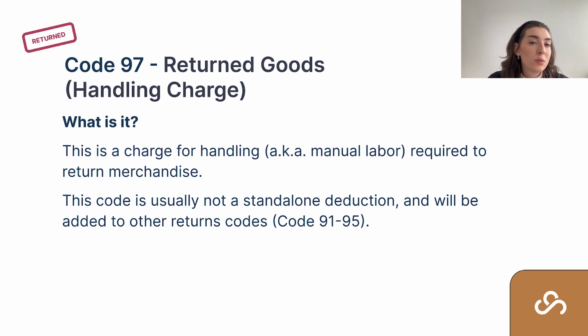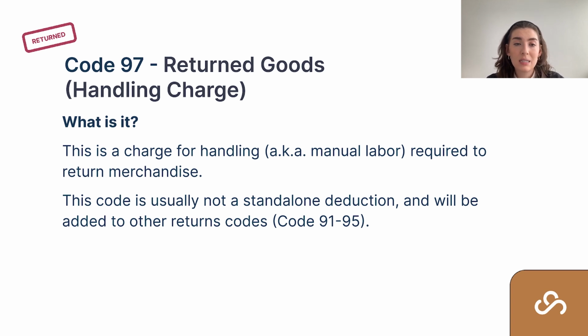Okay, and then Code 97, we kind of talked about this earlier with Code 44. Code 97 is another kind of side dish to those main attraction return codes. This is the handling charge or manual labor required to return the merchandise, and it is not usually a standalone deduction.